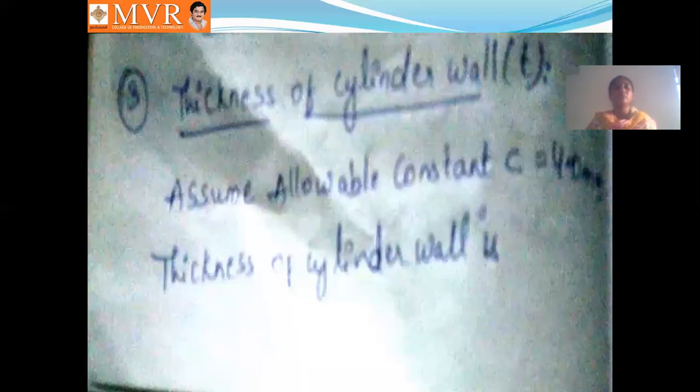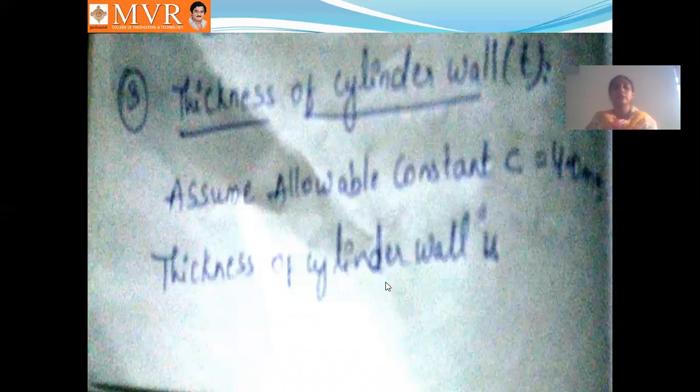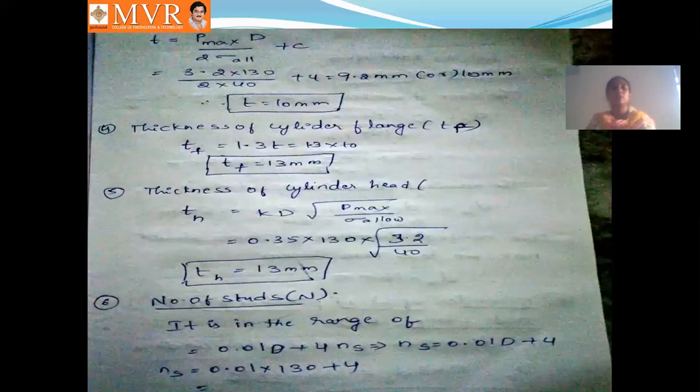Okay, next, the third one: we should calculate the thickness of the cylinder, T. Assume the allowable constant C is equal to 4 mm. What is the formula for the thickness of the cylinder wall? In the data book, they directly give the formula: T is equal to P max into D by 2 sigma, the allowable stress, plus C. P max is already given as 3.2.